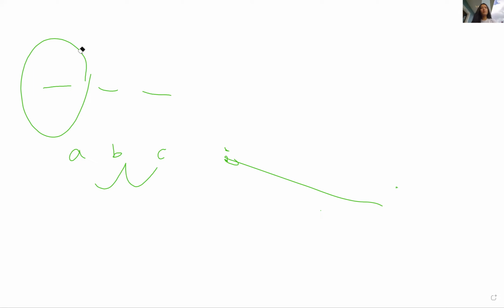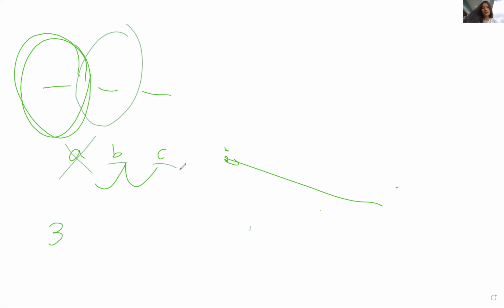If we want to see how many choices we have for the first line, we know we have 3 choices, A, B, and C. Now we go to the second line. Something we have to consider is that we cannot use A anymore. It's either B or C. So now we have 2 choices.